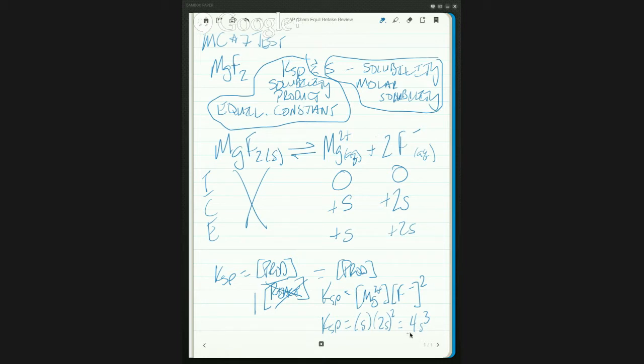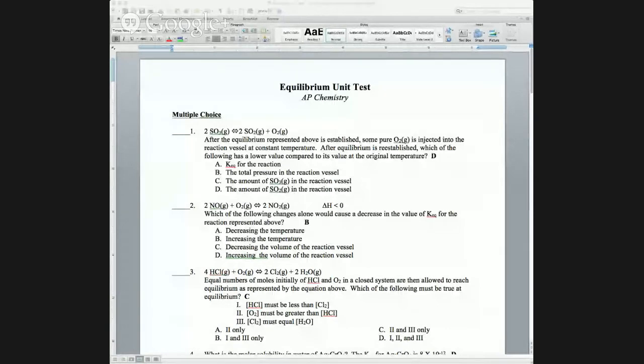So we need to go back to that worksheet, and we're going to be looking for 4S cubed. Let me share that document again. Where is it? Okay, there it is.